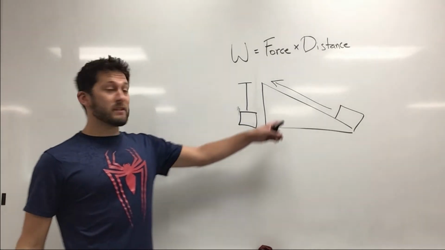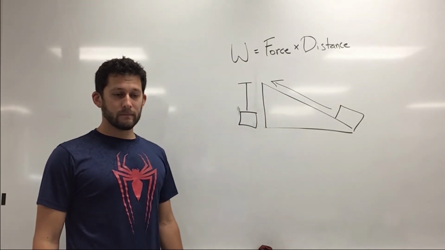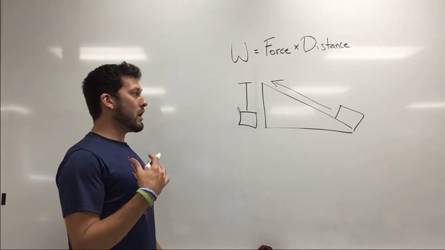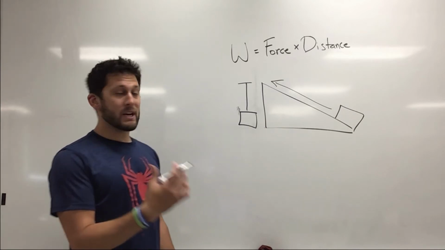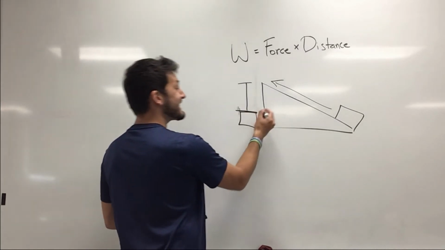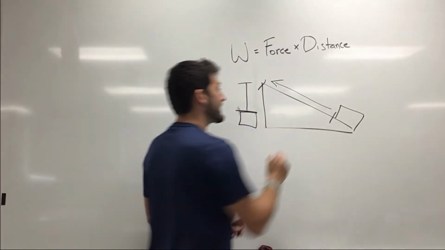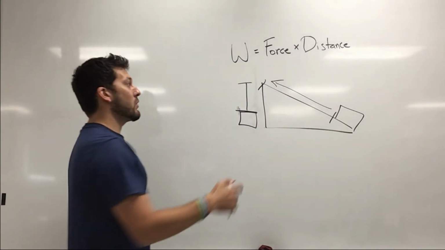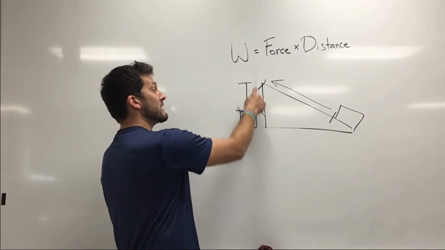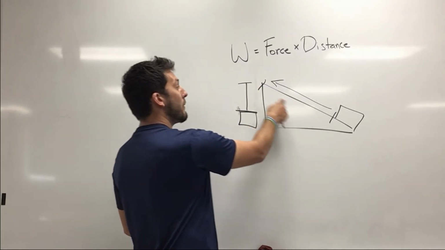So notice how we have this inclined plane, which is a simple machine. And if we are to use that simple machine, notice how the distance that we are enacting that force changes. So now instead of going from here to here, we have a much bigger distance.